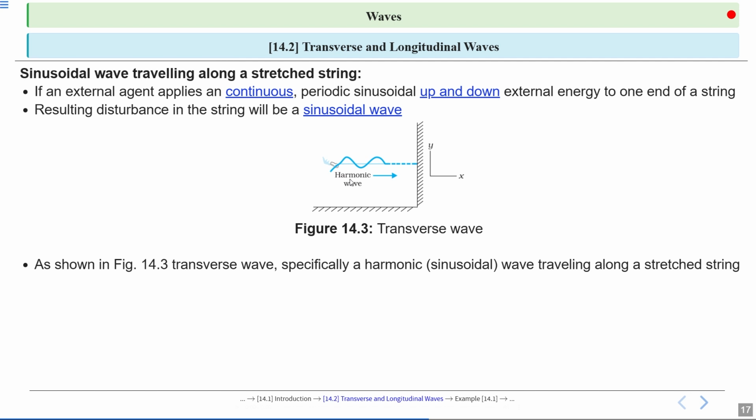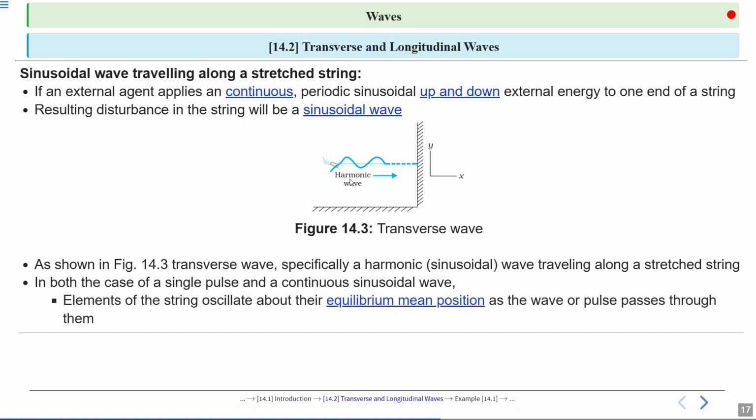Note that in a transverse wave, the particles of the medium move at right angles to the direction of the wave's travel. In both the case of a single pulse and a continuous sinusoidal wave, elements of the string oscillate about their equilibrium mean position as the wave or pulse passes through them.